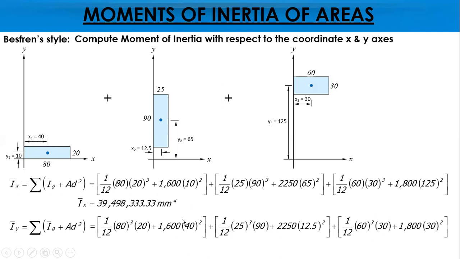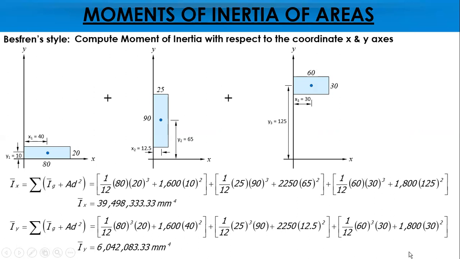So 40 for this one, 12.5 for this, and for element 3 it's 30. But do not forget the centroidal term: b cubed h for each, b cubed h, b cubed h. And the total is this one.